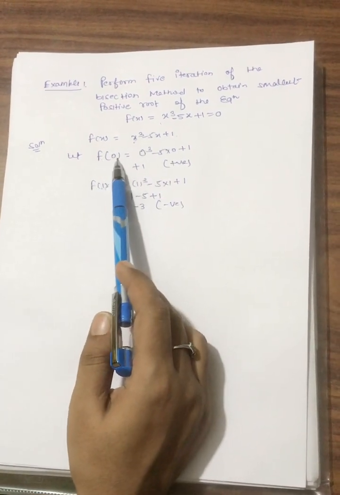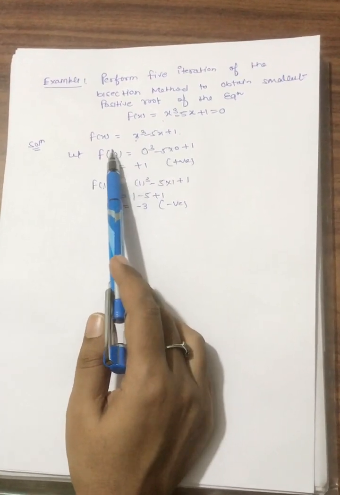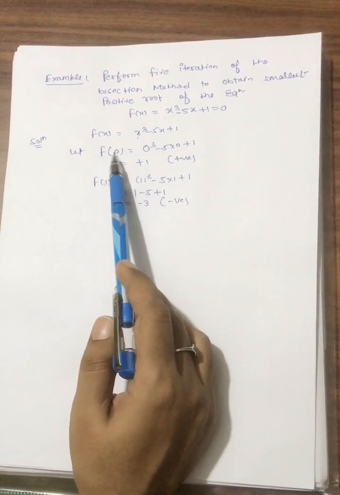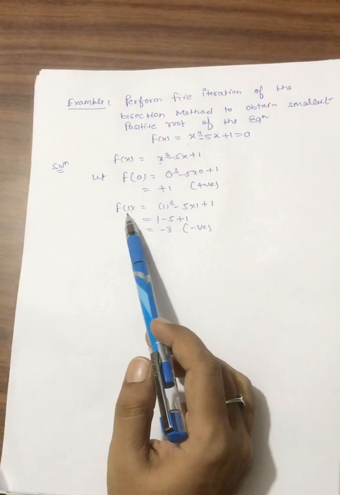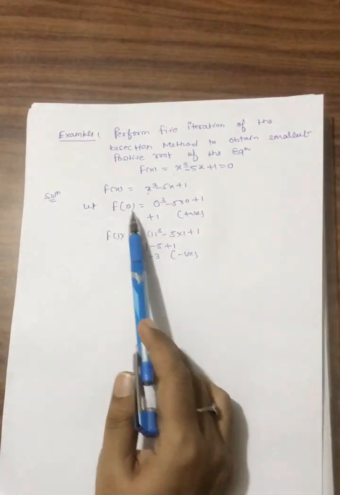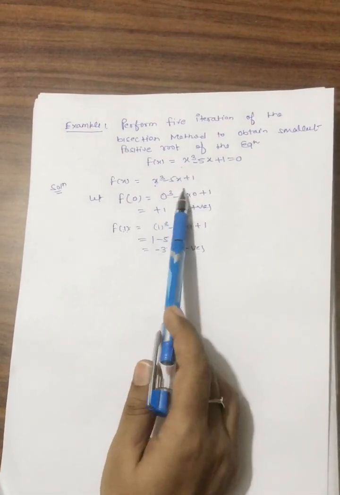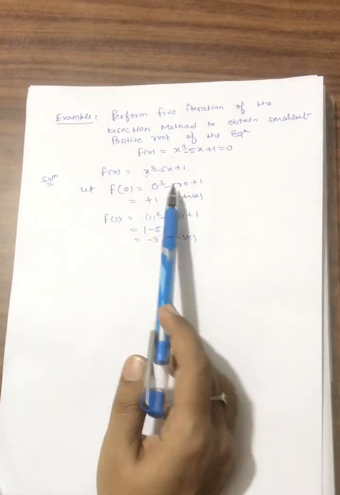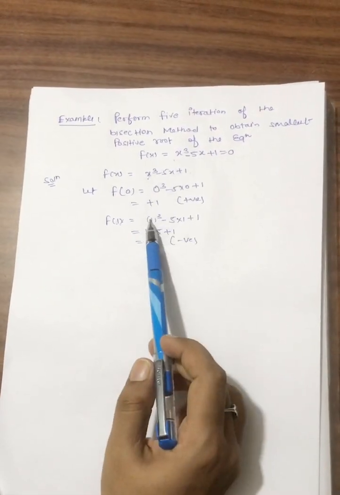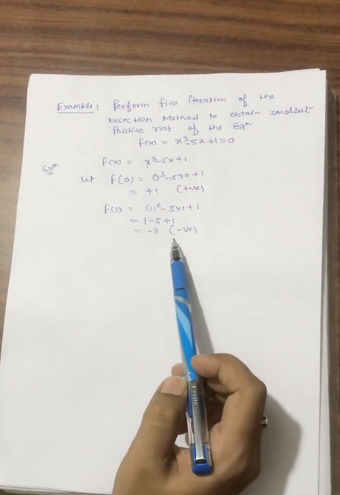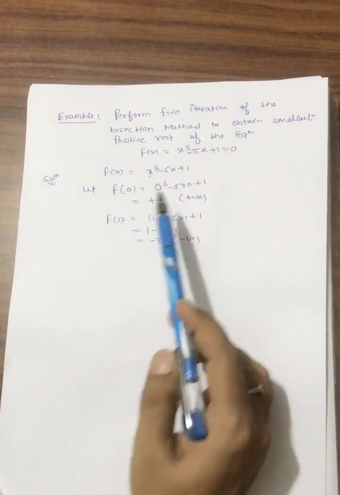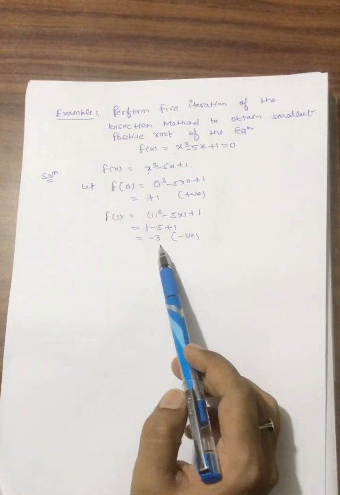So if I choose x equals 0, the value of the function at the point 0 is plus 1, right? If I choose x equals 1, the value of the function is minus 3. Put x equals 1 in this equation: 1 whole cube minus 5 into 1 plus 1, so we get minus 3, right? So at the point 0 the value is positive, at the point 1 the value is negative.